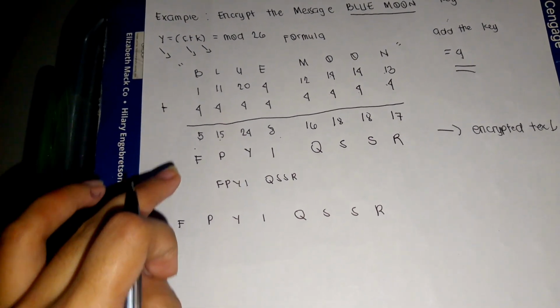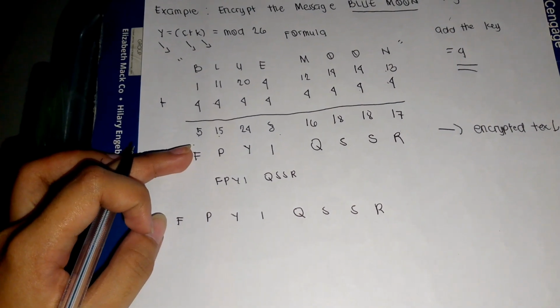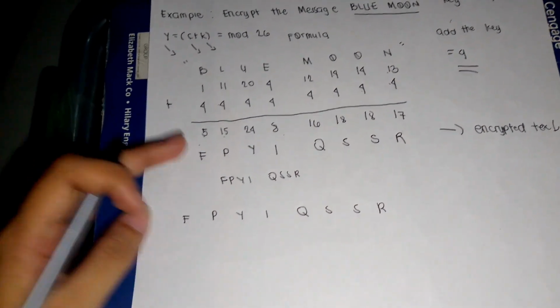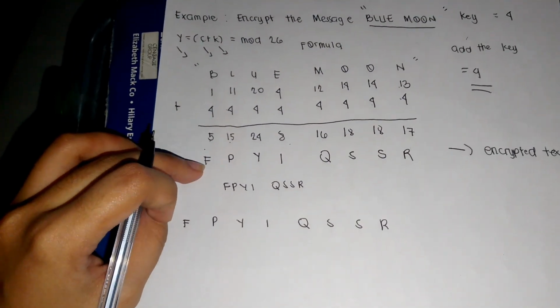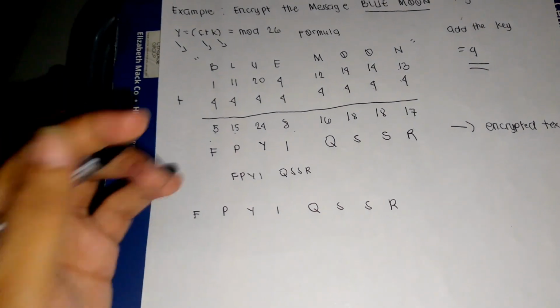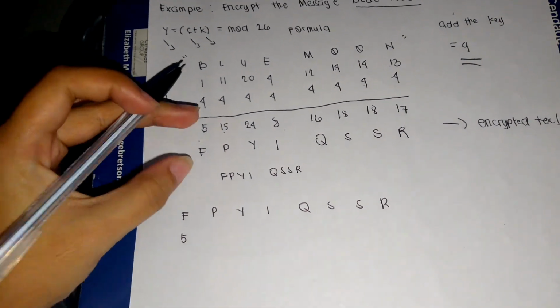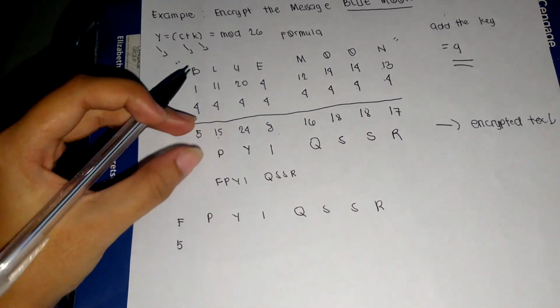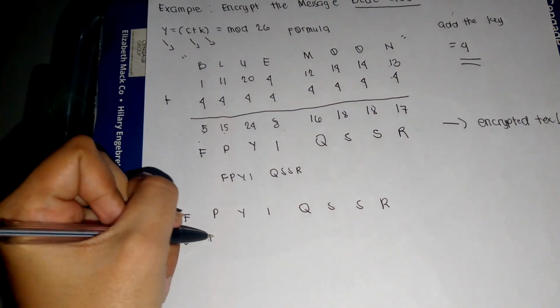Since we already did it for our encrypted word, we just copy it. Like this one, 5 corresponds to F, that's why F corresponds to 5. They are all the same. Nauna lang yung number kasi sa letter. So we have to copy this one.